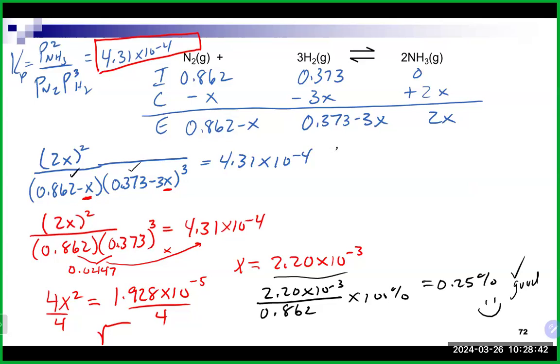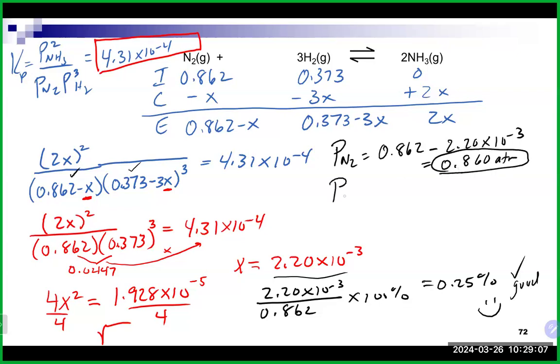So we could go now back into, these are our pressures in this case, and that's going to be 0.862 minus 2.2 times 10 to the minus 3. That will get us 0.860. And these are atmospheres, since these are pressures.